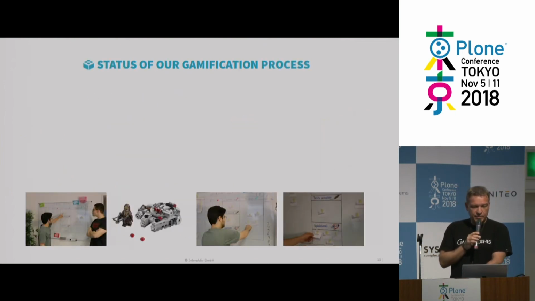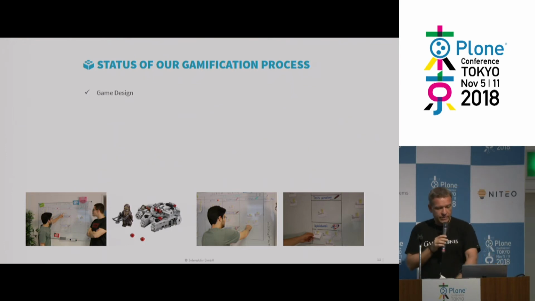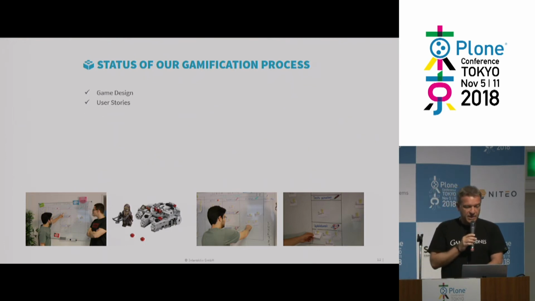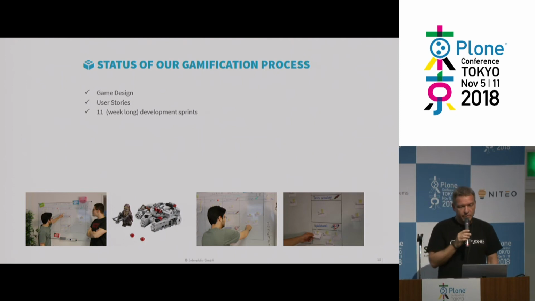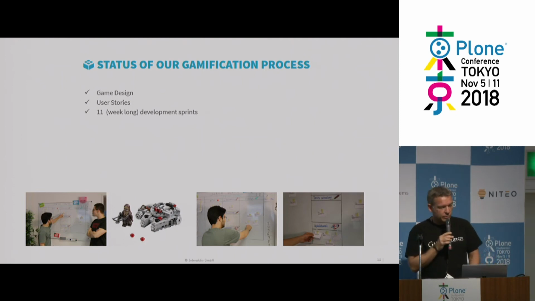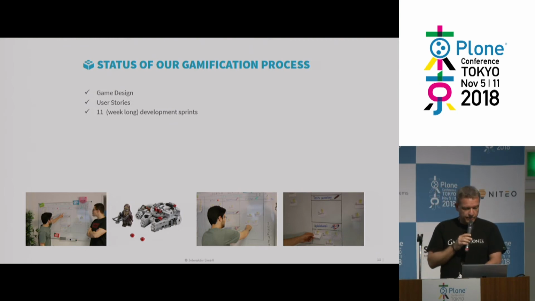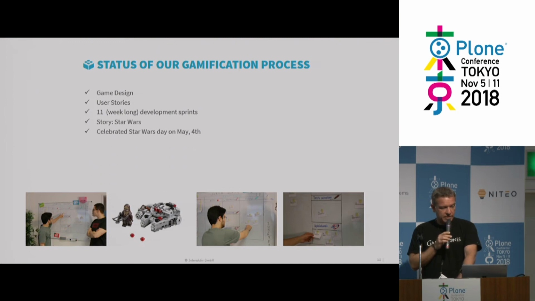Then, status of our gamification process. We designed our game with the story, with everything. We wrote our user stories. We did 11 development sprints. Every sprint was 1 week. And we developed our story around Star Wars, as I said. We celebrated Star Wars Day on May the 4th.